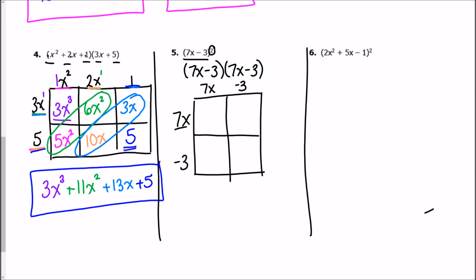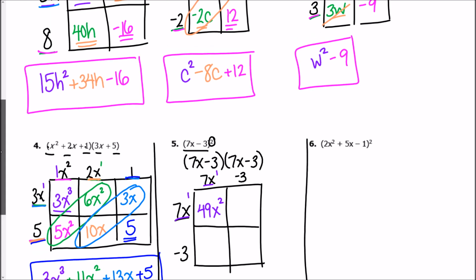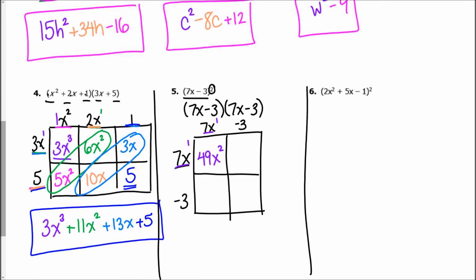So 7x to the power of 1 times 7x to the power of 1, 7 times 7 is 49, and then add your exponents, you get x to the power of 2. For the next term, I'm going to multiply this 7x by this negative 3.